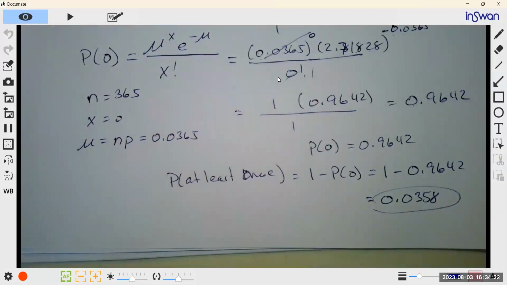So that's our chance of winning at least once in a year of playing one time a day.